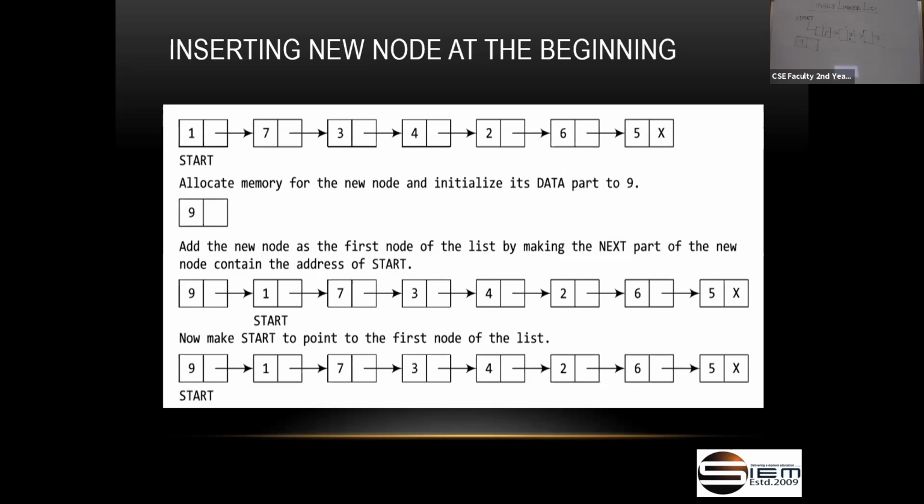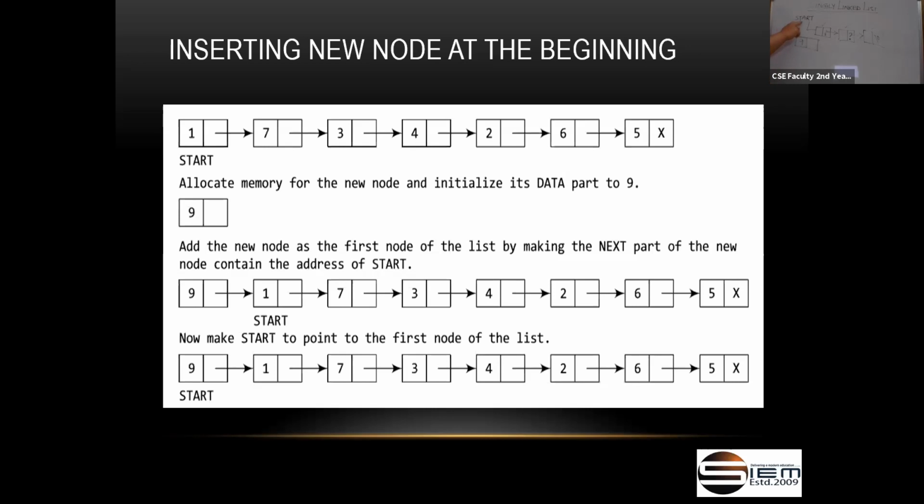So now you see, if I join this new node with start first, then what will happen? Start will contain the address of the new node, and all this will be lost because we could track this from start only.